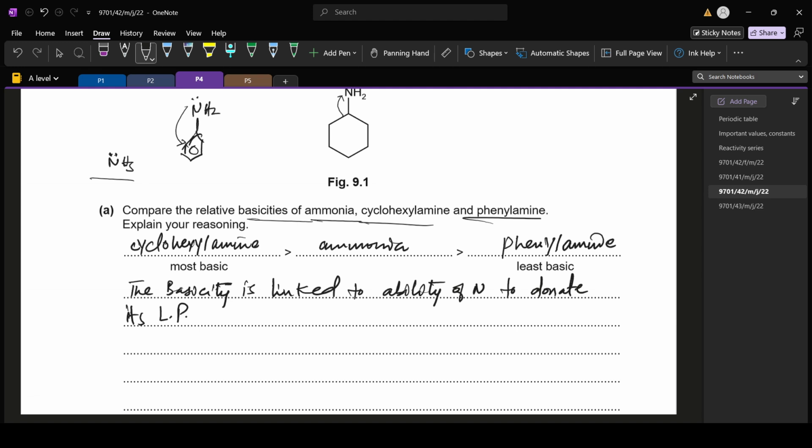Now, an alkyl group is an electron donating group.